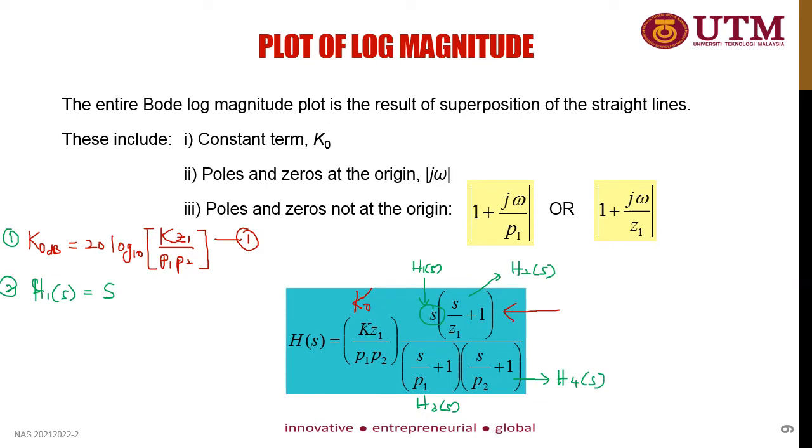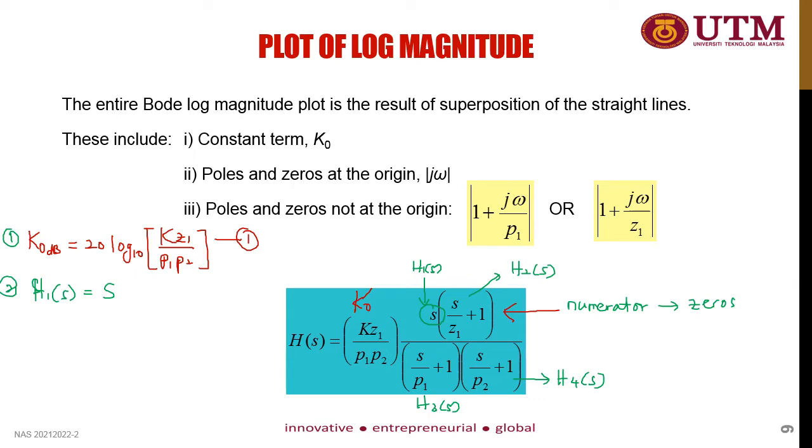When you have s outside the bracket, this is called zeros at origin. All s on top is called zeros, either at origin or not at origin.